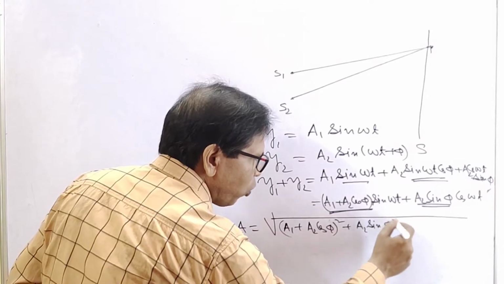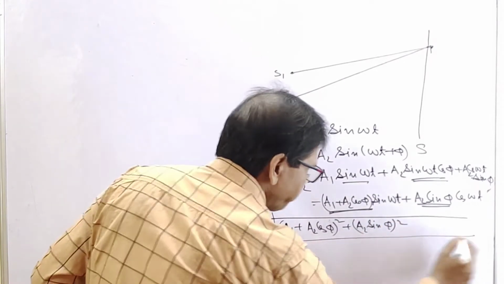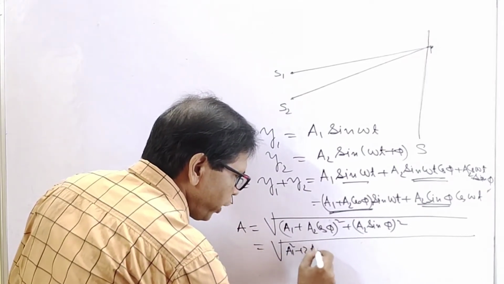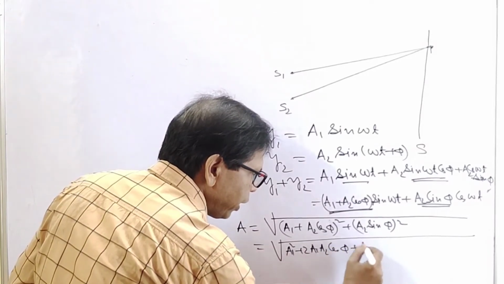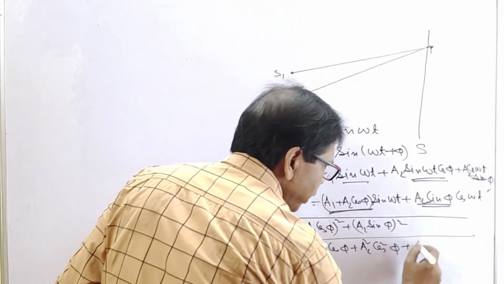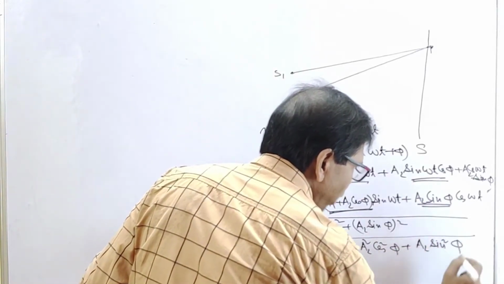This is A1 square plus 2A1 A2 cos phi plus A2 square cos square phi plus A2 square sine square phi.